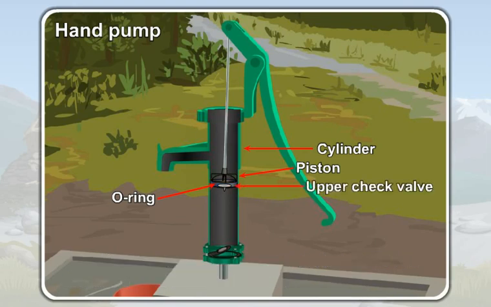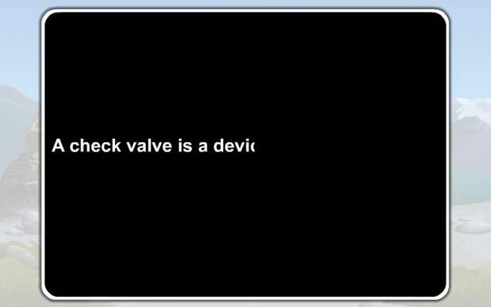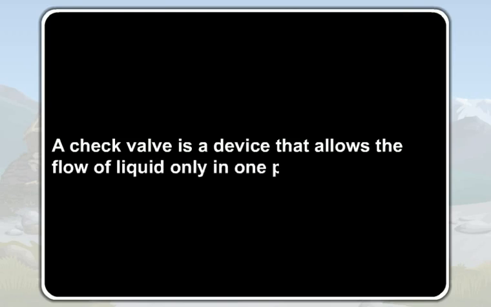The upper check valve is at the middle of the O-ring, and the lower check valve is attached to the lower end of the cylinder. A check valve is a device that allows the flow of liquid only in one particular direction.